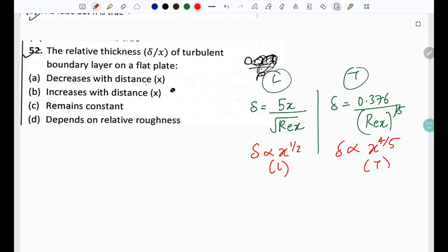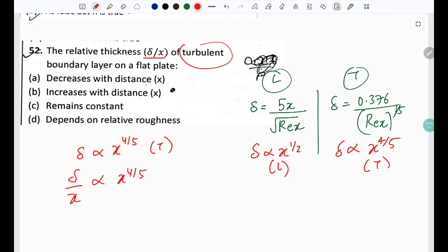So instead of focusing on what the question asked, the question asked not for delta but for delta by x. Since it was the turbulent boundary layer, delta is directly proportional to x to the power 4 by 5, but the question was asking delta by x, which would be x to the power 4 by 5 over x. That would give you x to the power minus 1 by 5, I presume.